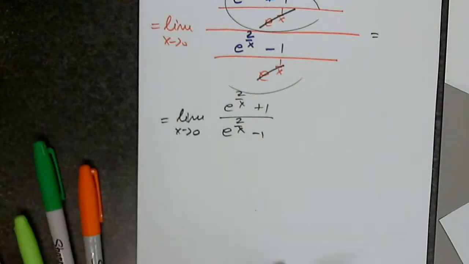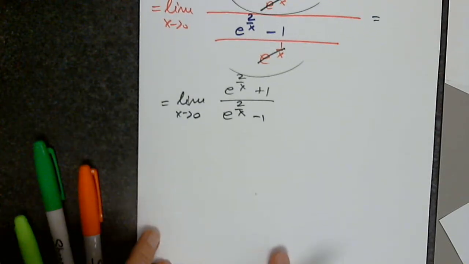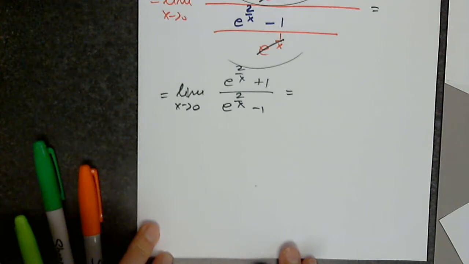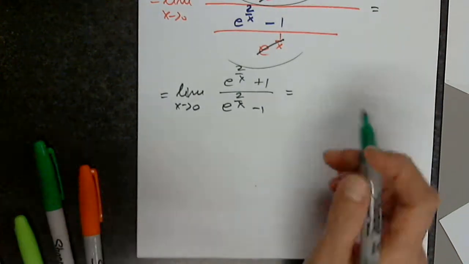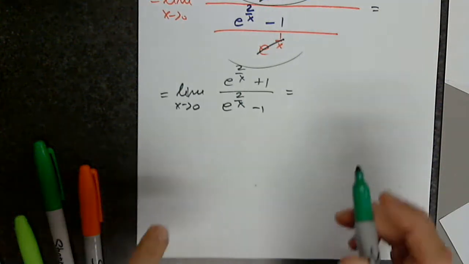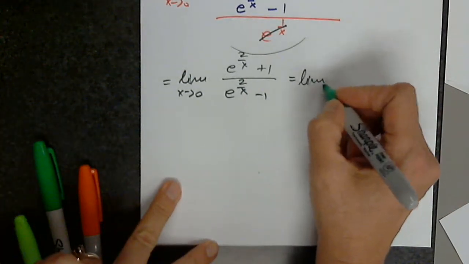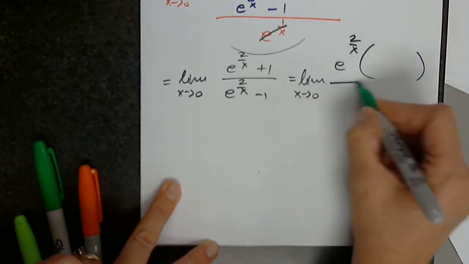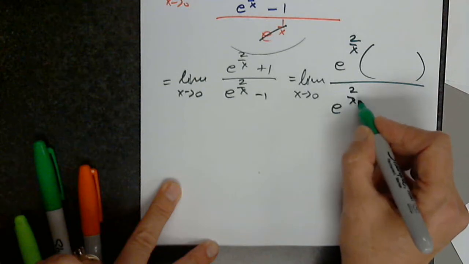Okay. What do you think we are going to do next? Nope. No, this is not a radical. So I will factor out like I did before, but this will be a different story.